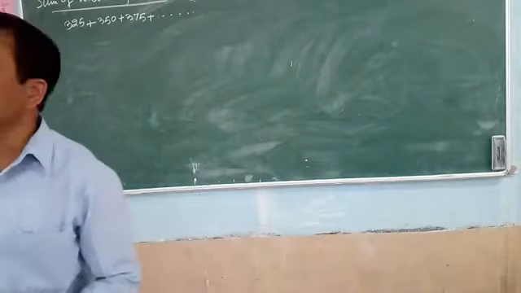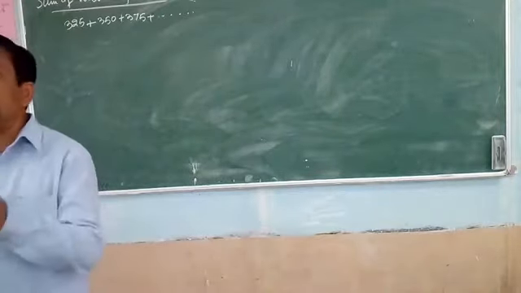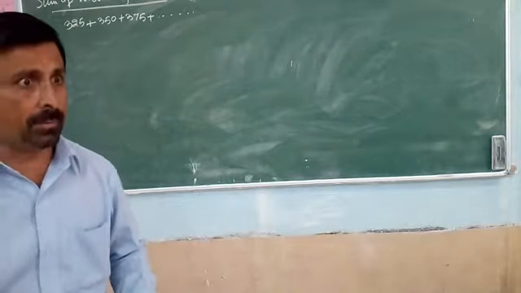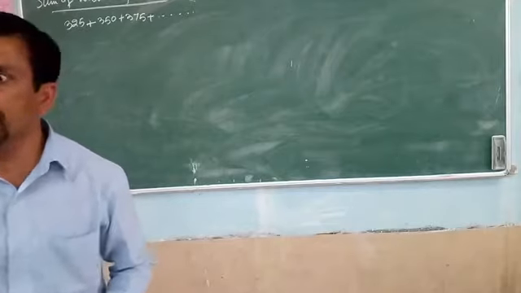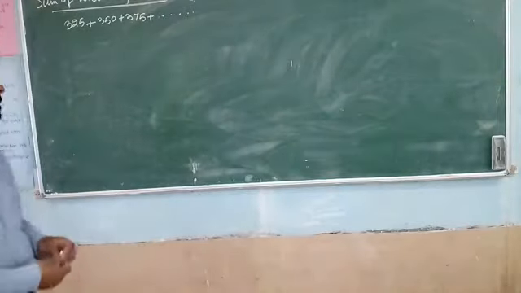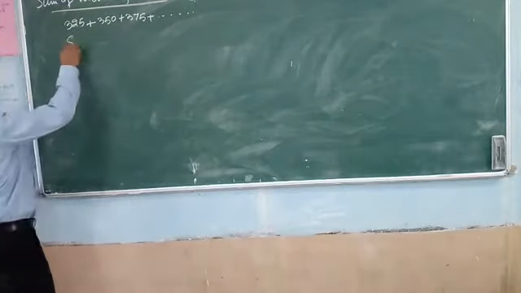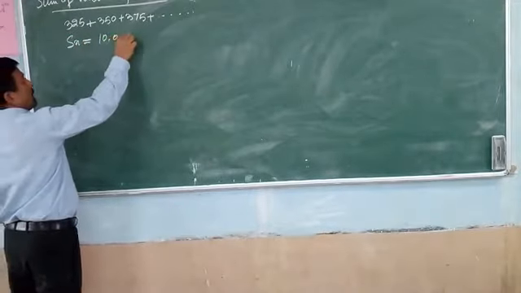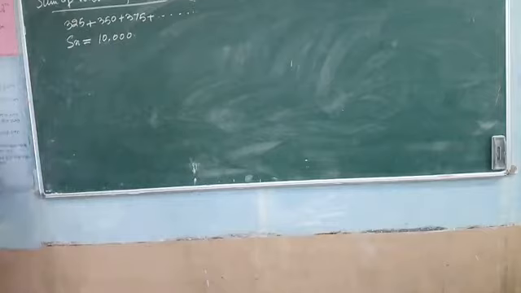So first of all, we'll find the number of terms for the sum as 10,000, because beyond that will be more than 10,000. Are you all getting it? Yes, sir. So the sum we will expect to be 10,000. Keep your calculator ready for this question.